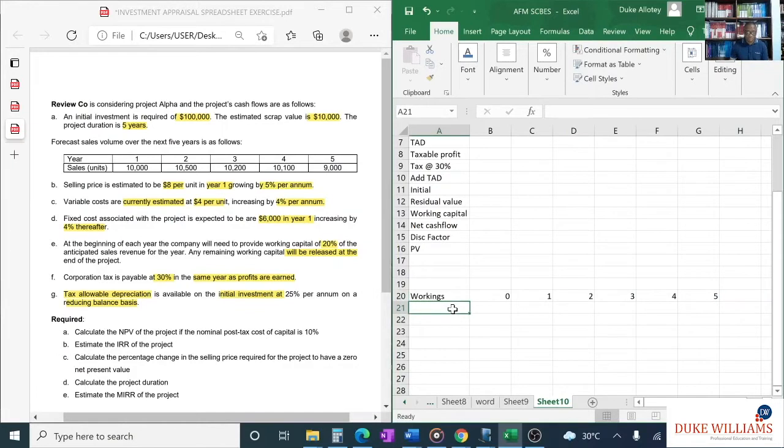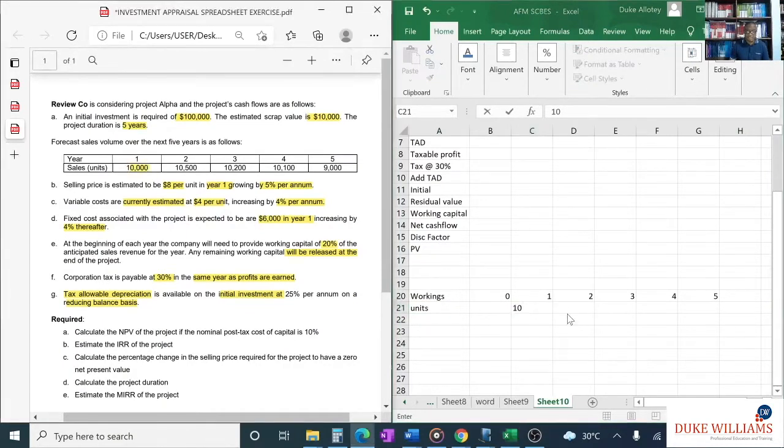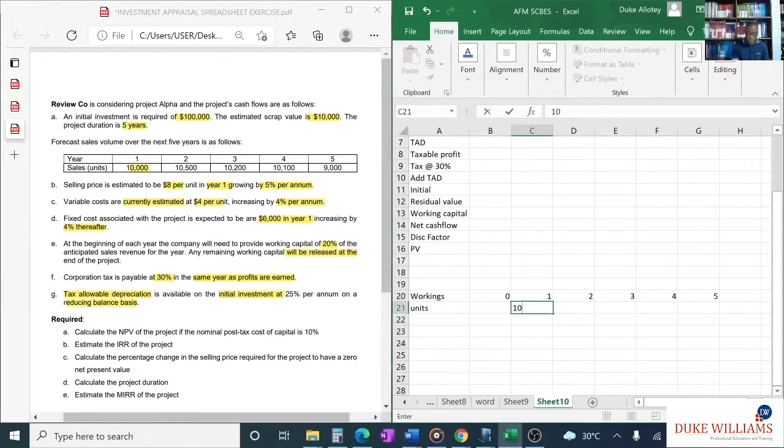Okay, so if I look at the sales volumes, I'm copying from there. I can see that from here, 10,000. So yeah, 10,000, then 10,500, 10,200, then 10,100, then 9,000 there.